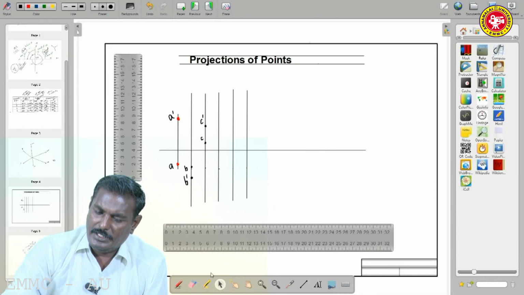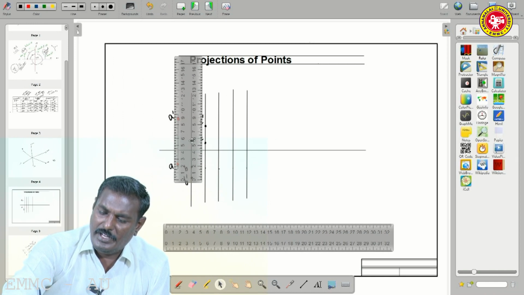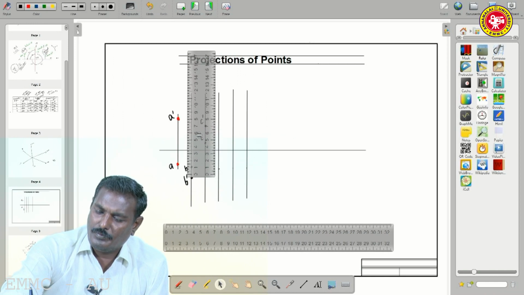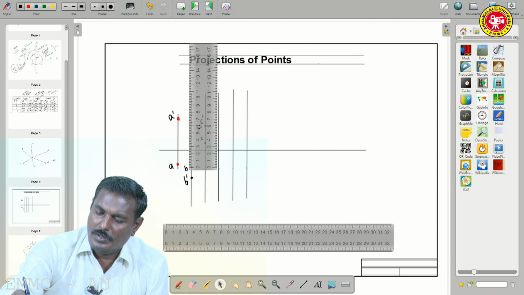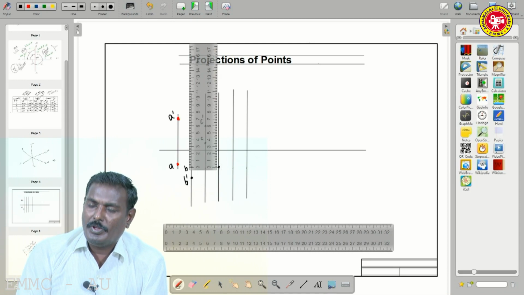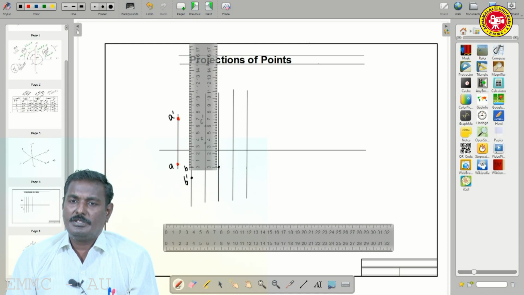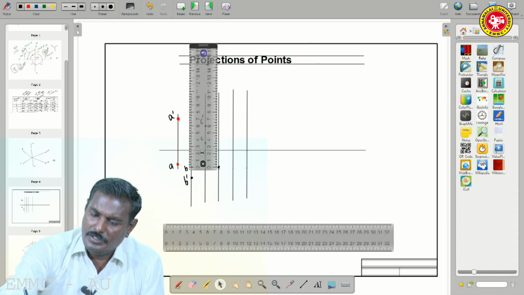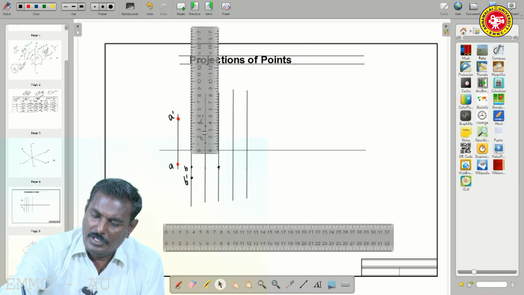So now we take the scale, 25 mm below, and 20 mm behind, that is above.